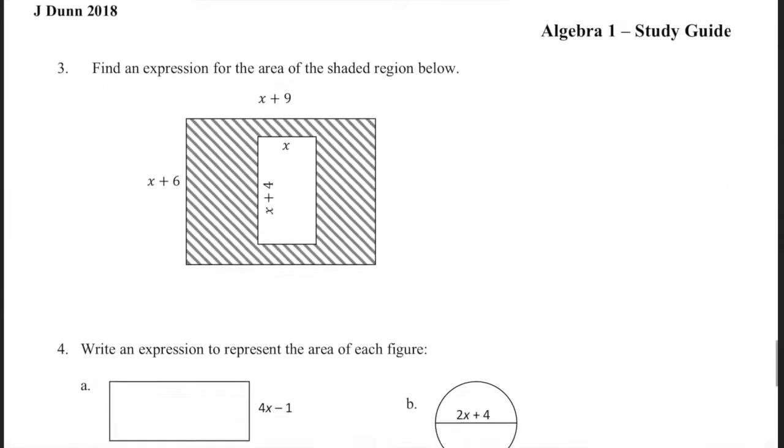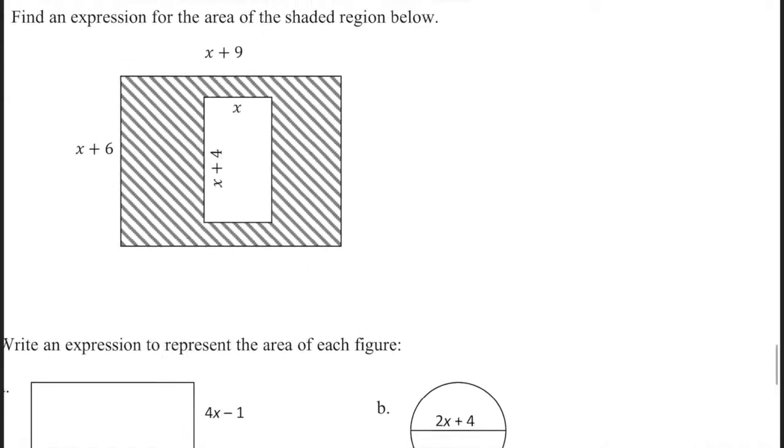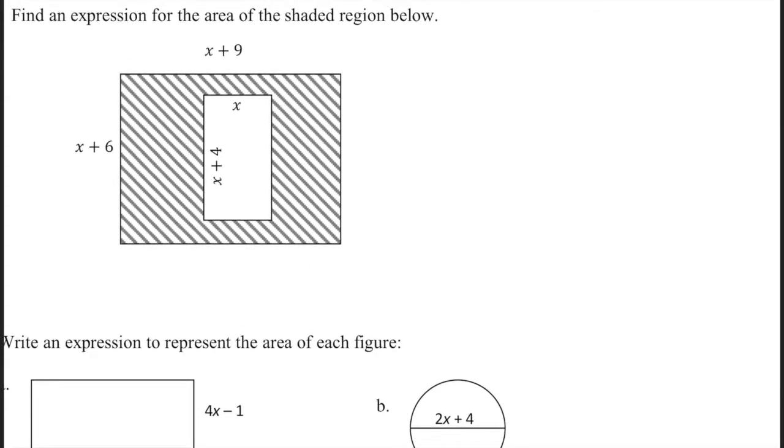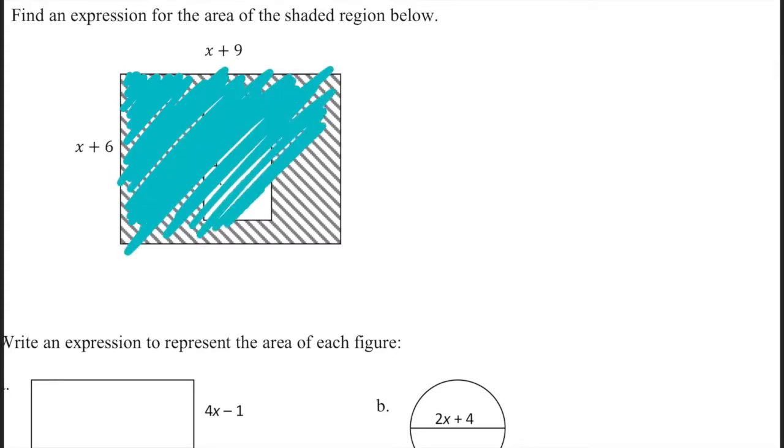Now, number 3 is a fun one. Find the expression for the area of the shaded region. If I want to find the area of the shaded region, then what I should do is find the area of the whole large rectangle, which is going to be x plus 9 times x plus 6.